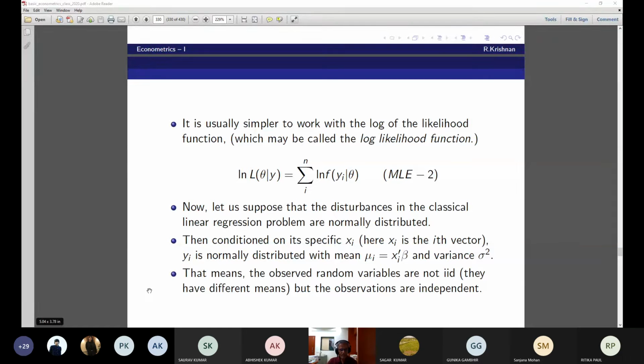Do you remember the function of a normal random variable? Have we discussed functions of normal random variable? Sir, there in CLRM, we had all the errors with a mean of 0, conditional on any xi.